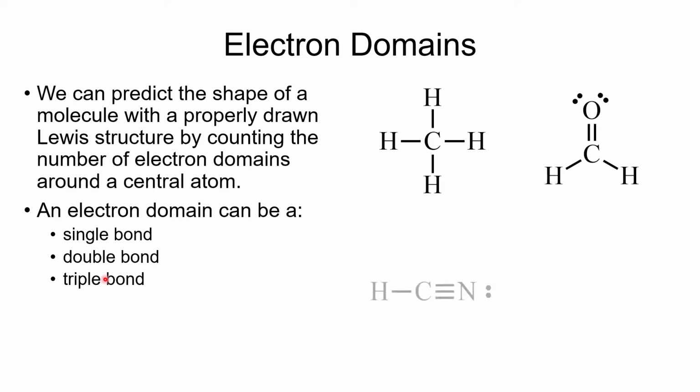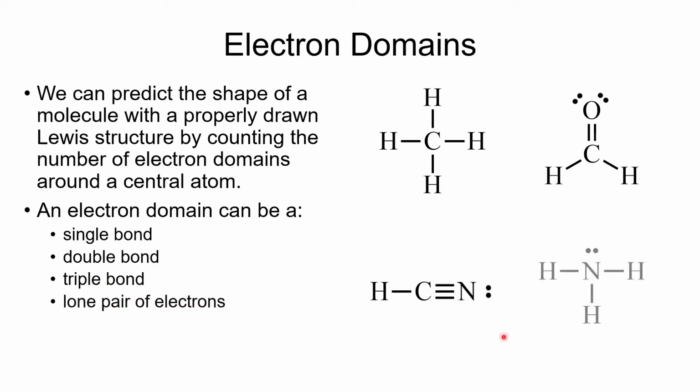A triple bond also counts as one domain. And a lone pair of electrons can also count as one domain. So if we count the number of domains around each of these central atoms, we can determine what the electron domain geometry is going to be.